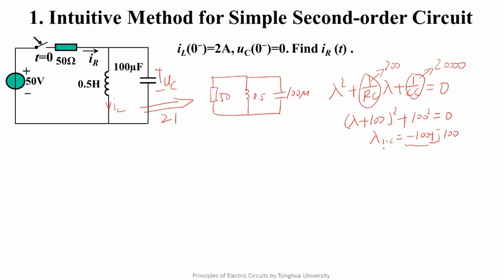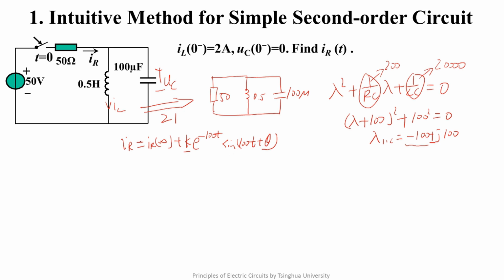So we can write that the general expression of iR must be the steady state value of iR plus K times e to the power of minus 100t times sine of 100t plus theta, where K and theta are undetermined coefficients.